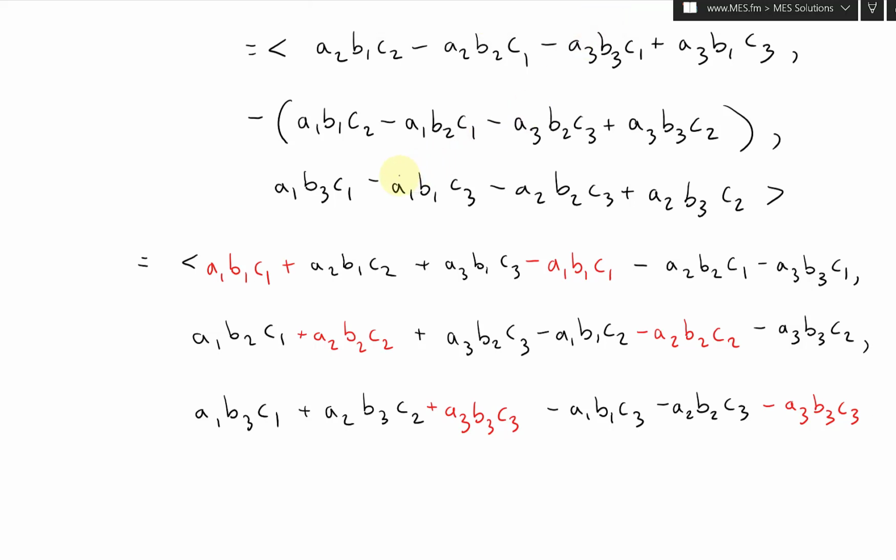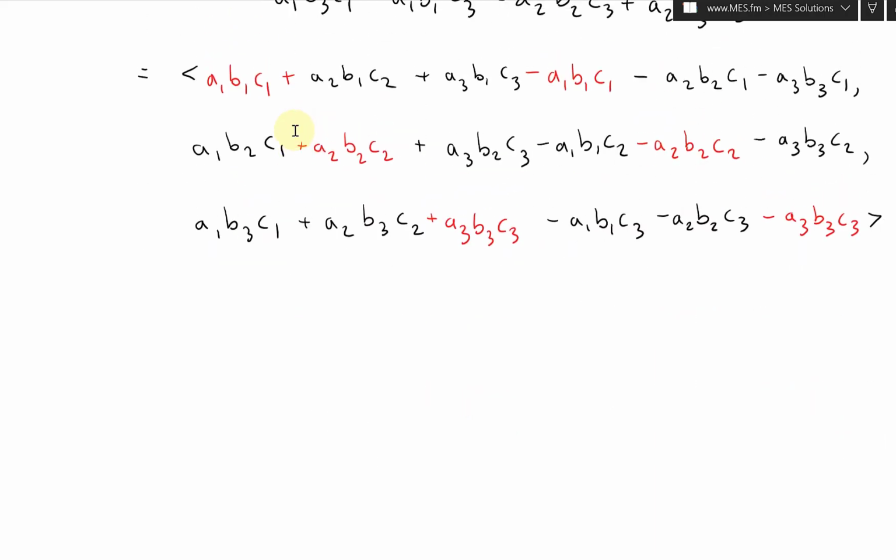Alright, so now that we have this, we're going to factor the C's and the B's in the corresponding positive or negative setup. So this equals, we're going to factor that out, right here, bracket A1, C1 plus A2, C2.